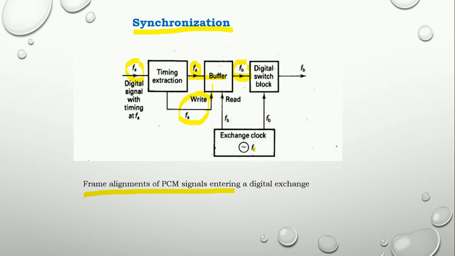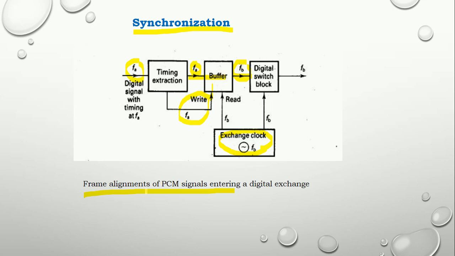To control this buffer, because you will be having frame slip, which will be overflowing, and sometimes the buffer will need to cooperate with that clock, so you will be having an exchange clock, which will maintain the difference between them. For example, if the buffer becomes empty, it will fill the buffer. If the buffer overflows, it will stop and again start refilling it.